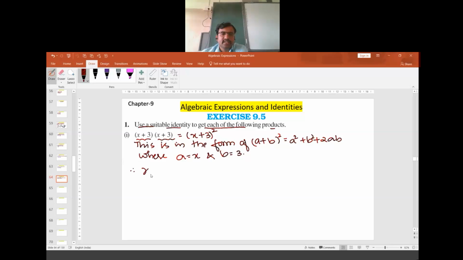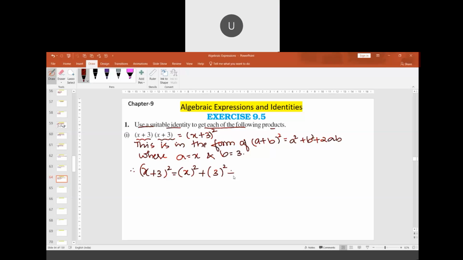Therefore, x plus 3 whole square will be equal to, in the place of a square, x square. In the place of b square, it is 3 square. In the place of 2ab, it is 2 times x multiplied by 3.